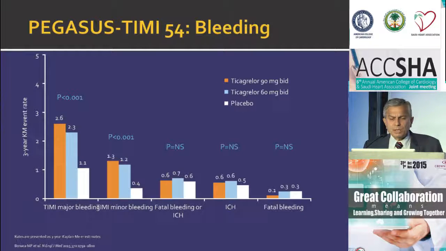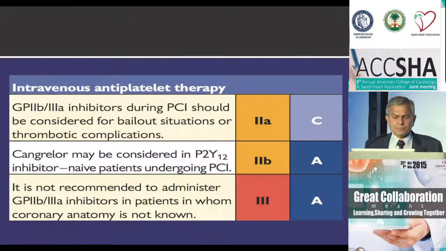However, if we look at net clinical benefit in terms of lowering the endpoints without causing irreversible harm, such as cardiovascular death, stroke, or intracranial hemorrhage, then long-term ticagrelor was beneficial. The study is still new. It has not made it into the guidelines, but this brings up the question of residual risk.